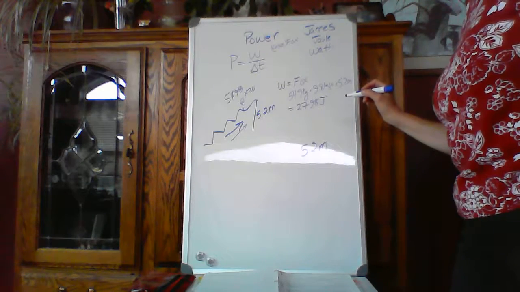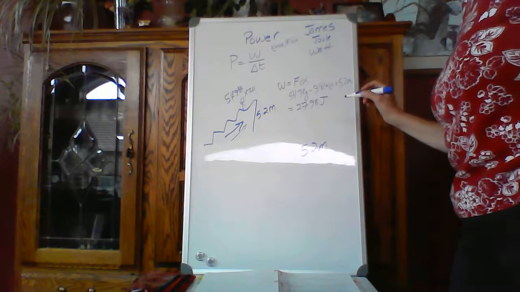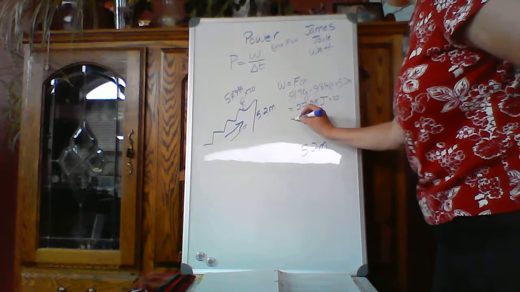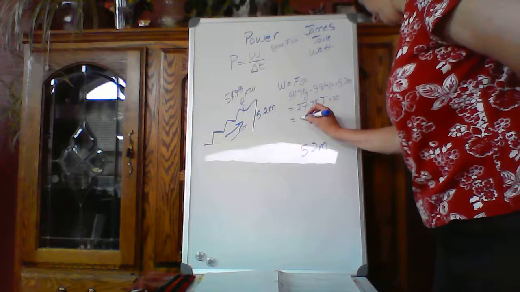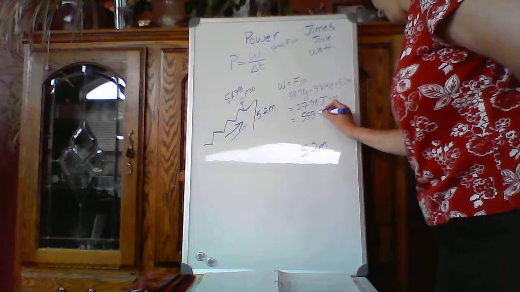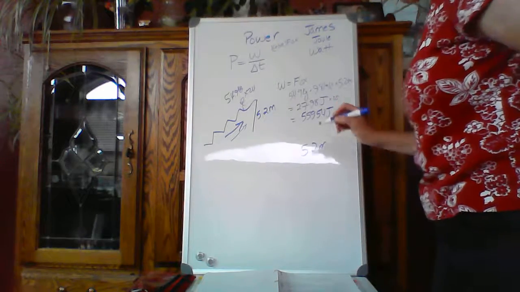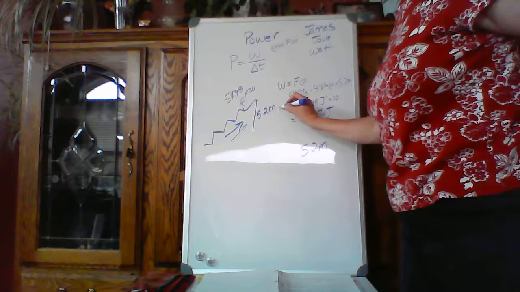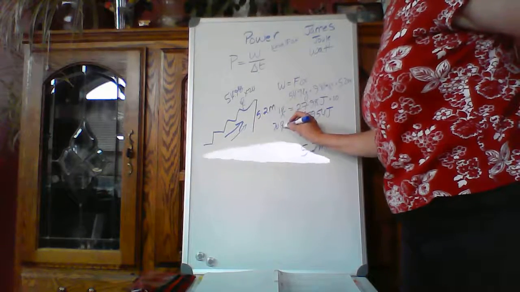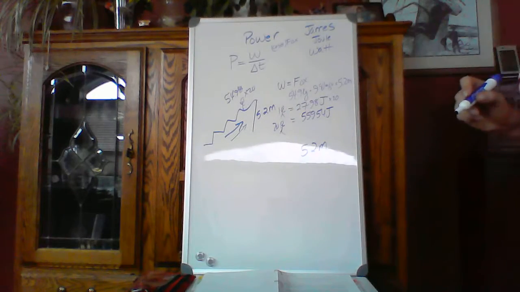And then if we have 20 passengers, that would be 55.5 joules. So this is one person, and this is 20 people. That's how much work is done.